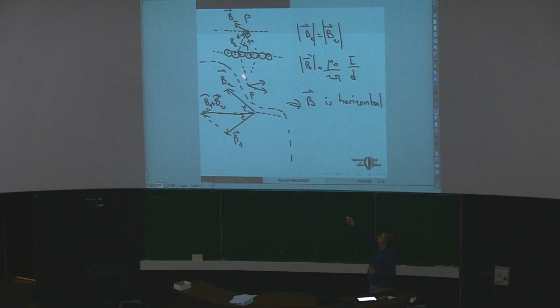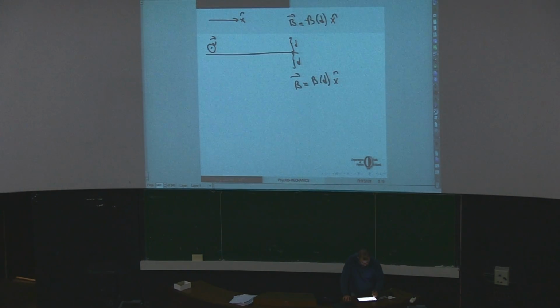If I choose a distance that is smaller, a point that is closer to the sheet, the magnitude might differ, but as long as they are at the same distance on both sides, they will have the same magnitude. That is why I put the same magnitudes in both cases. I only know that the directions are different. So that is why I have a minus sign over here.